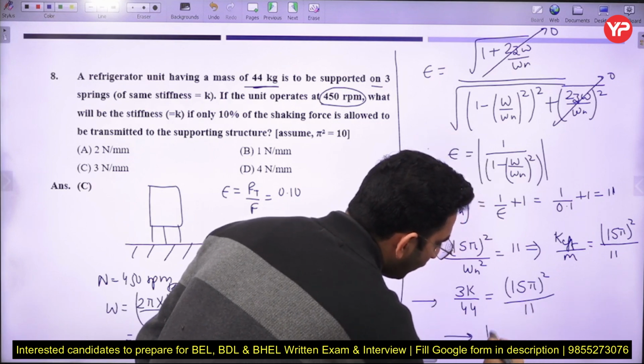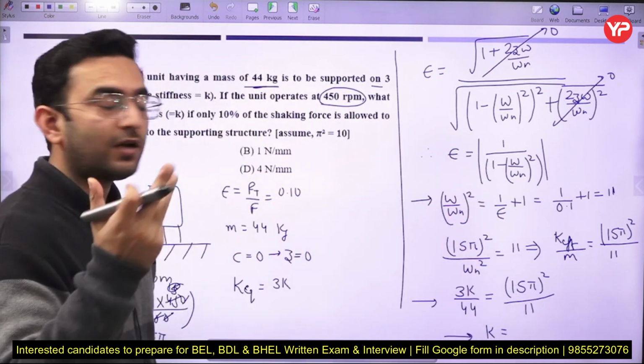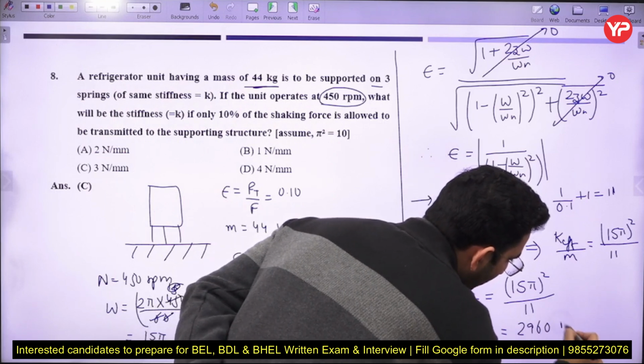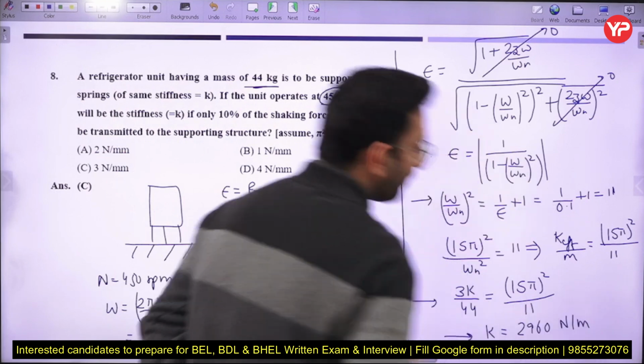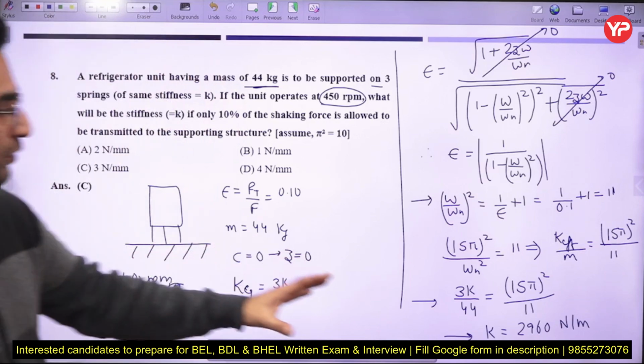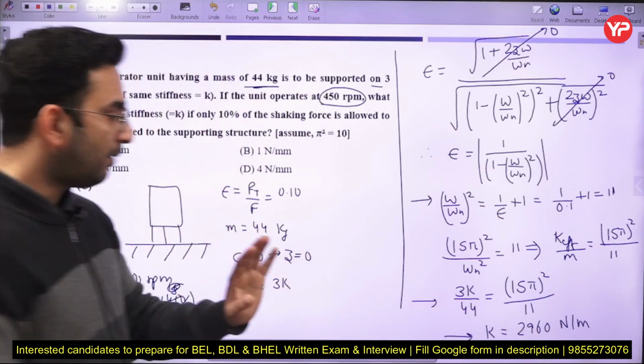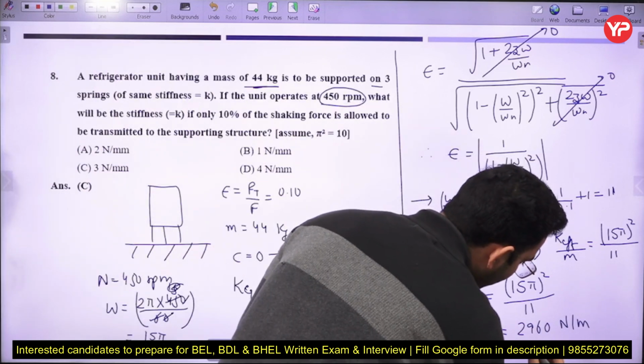If you solve this, you will get the value of the stiffness of the spring around 2960 Newton per meter. This value is very close to 2.96 Newton per millimeter, or we can say 3 Newton per millimeter.